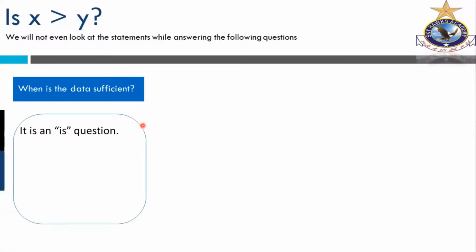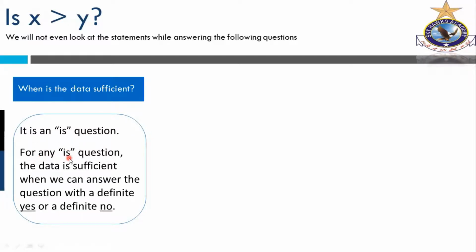It is an "is" question. Now look at this. It is asking whether x is greater than y. It is an "is" question.